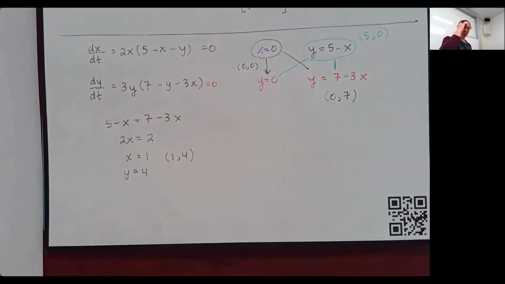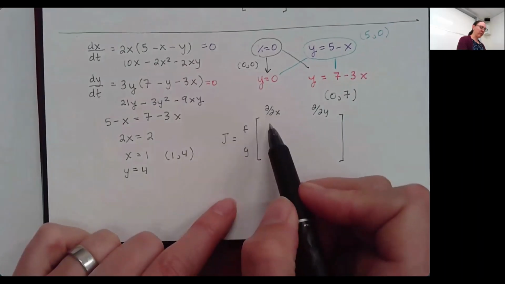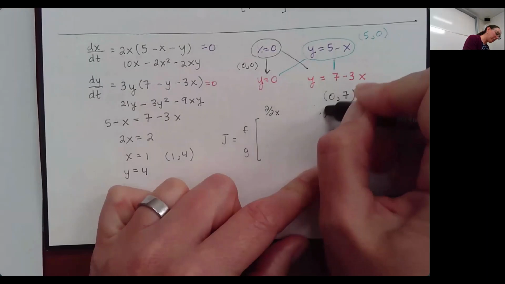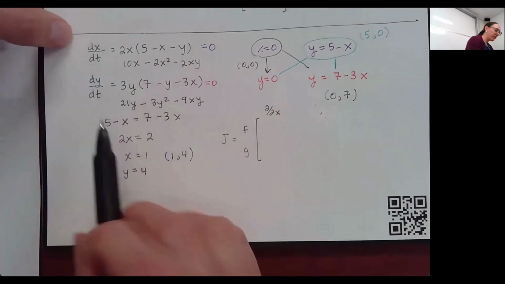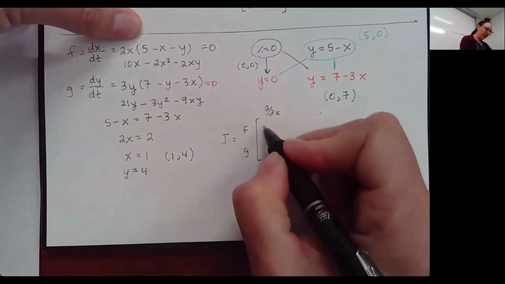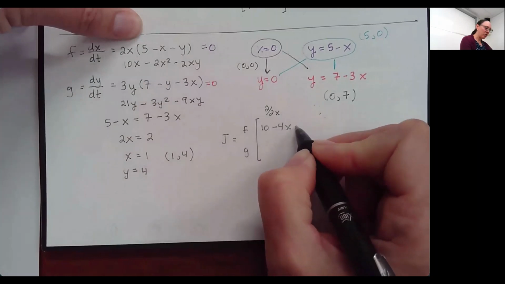Let's just figure out what the Jacobian matrix looks like at 1, 4. So with respect to x, I might need to give myself a little bit more space in my matrix. My partial of f with respect to x, make sure I get this right. I've got 10 minus 4x minus 2y.